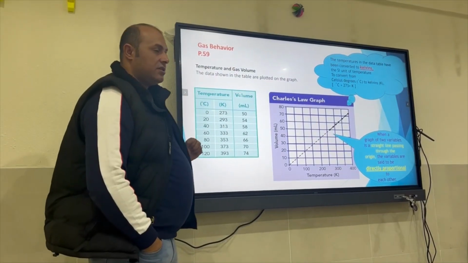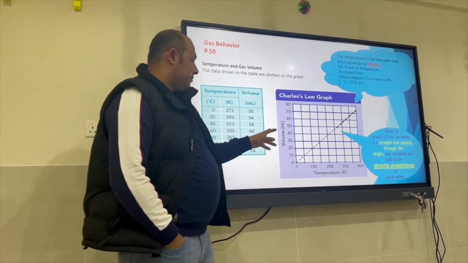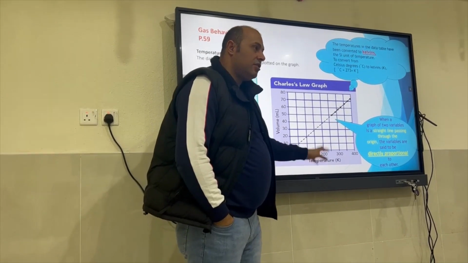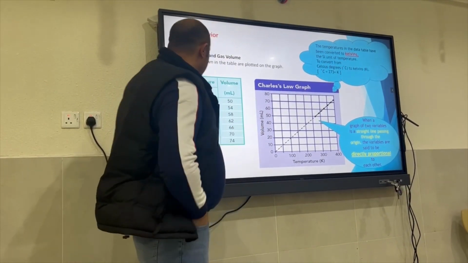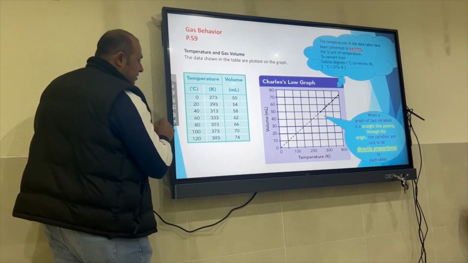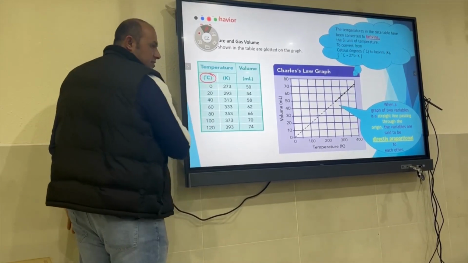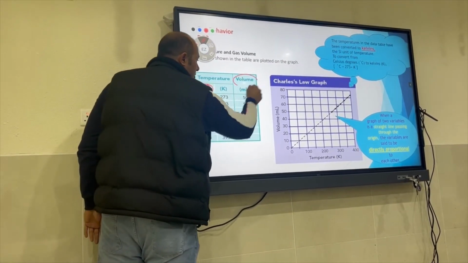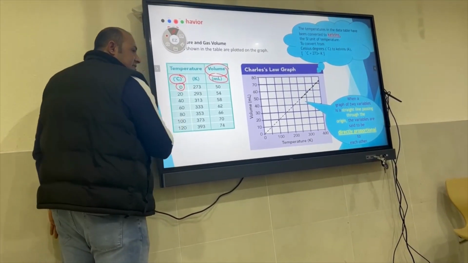In gas behavior, we will make a graph between volume and temperature, the Charles law graph. Look here. This is temperature in Celsius, and this is volume in milliliters. They give you Celsius 0.